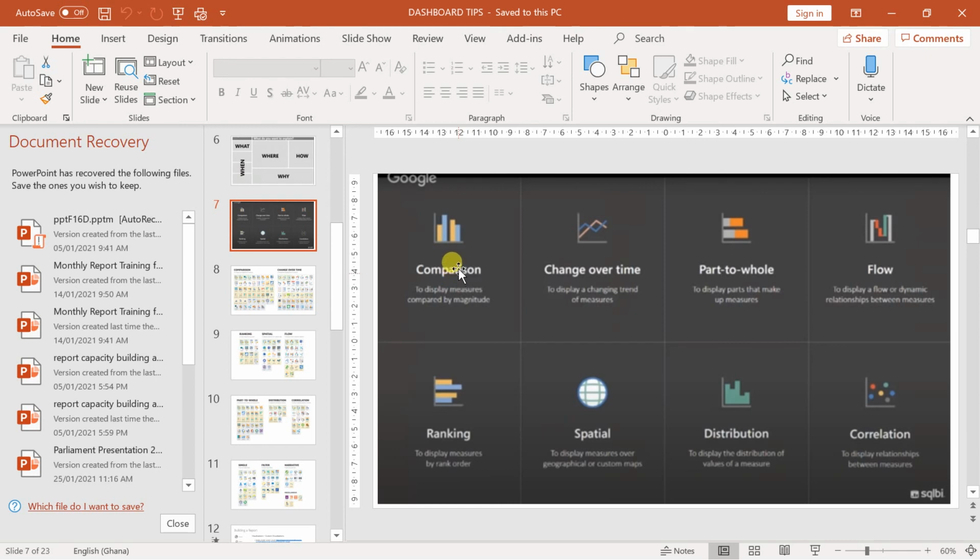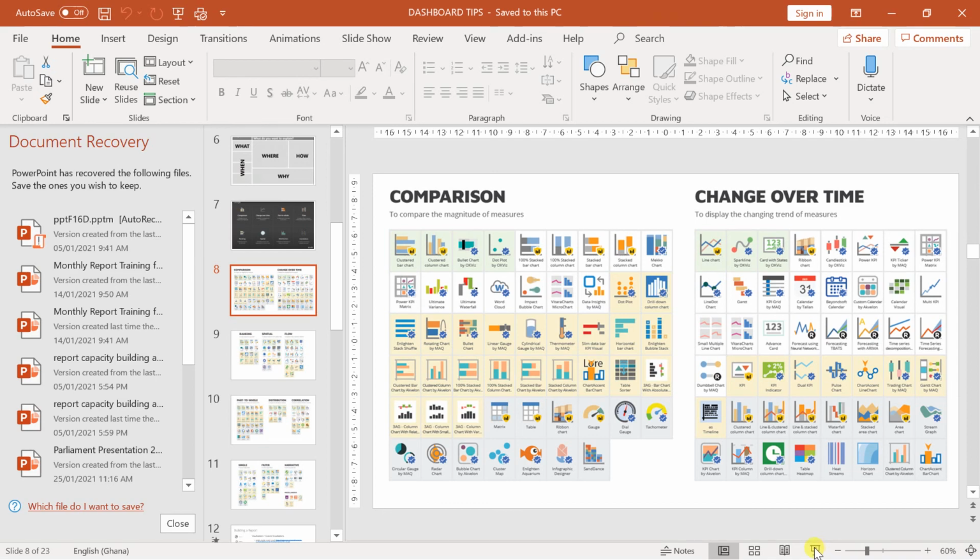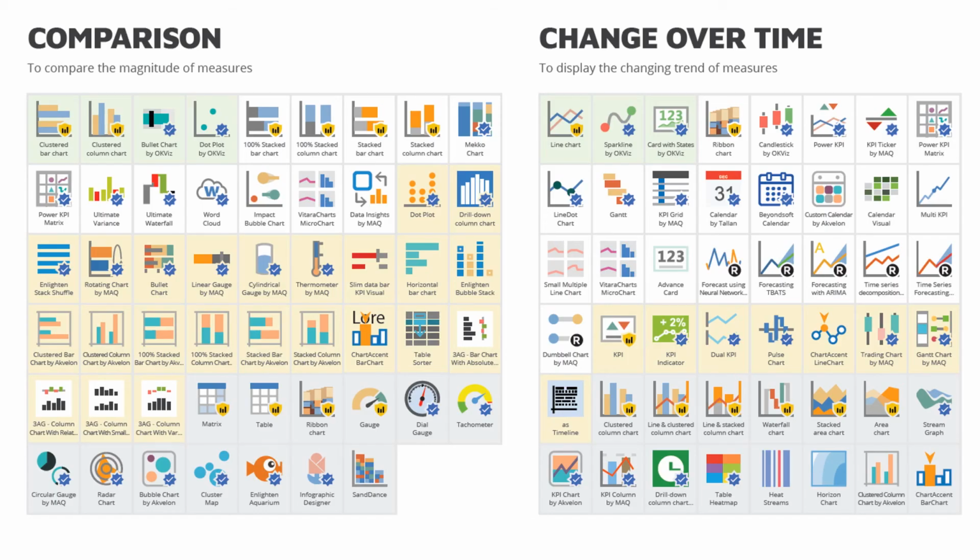So this is comparison charts, change over time, part to whole, flow, ranking, spatial distribution, correlation. The charts have been grouped in these formats to help you know which chart to use at what time. I'll probably add this to the materials I'll be giving you so you can go through it yourself.